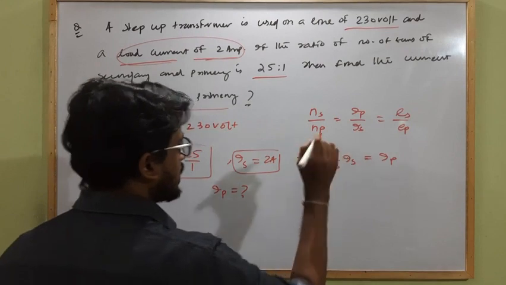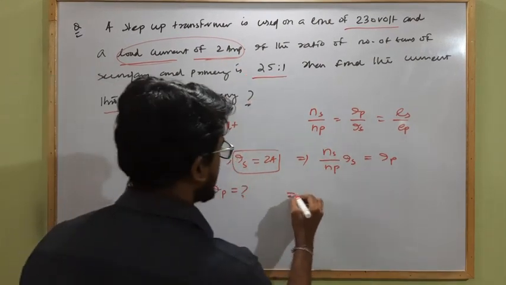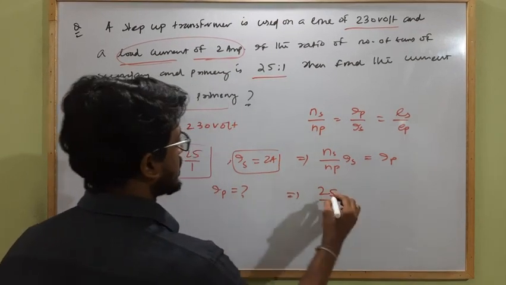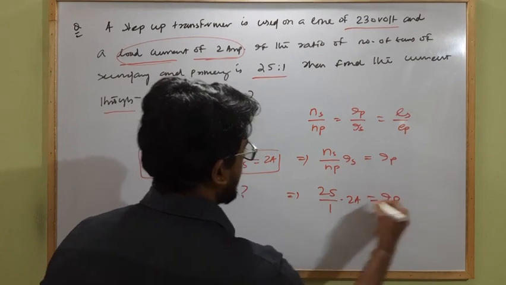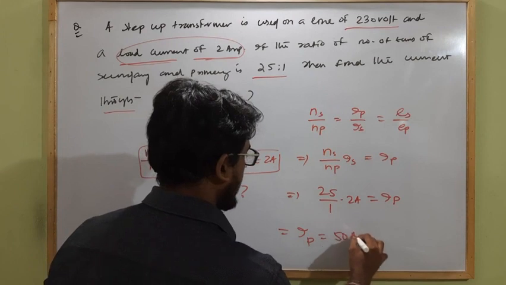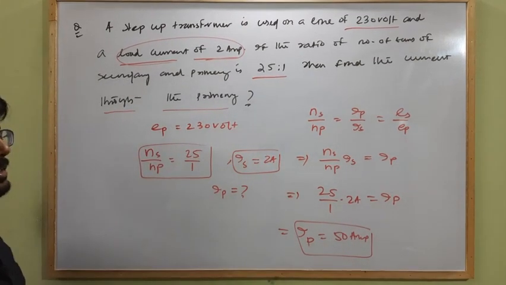What is Ns by Np? Ns by Np is 25/1. So this will be 25/1 into Is, which is 2 ampere, equal to Ip. So what is the value of Ip? 50 ampere. So the input current is 50 ampere.